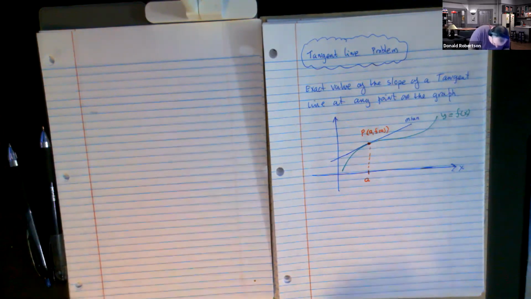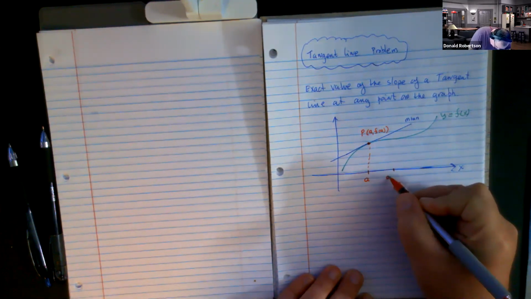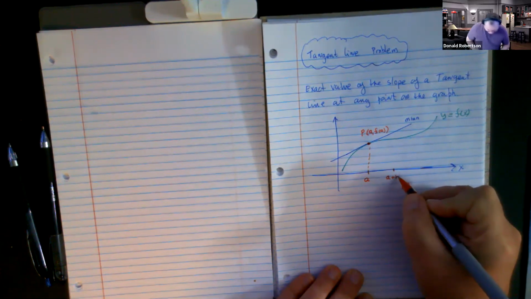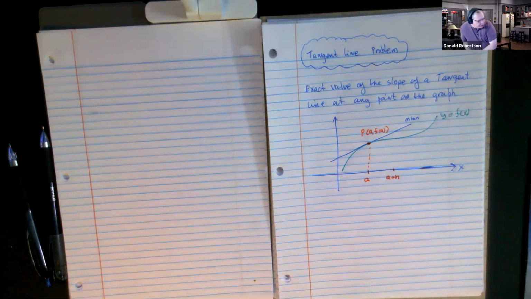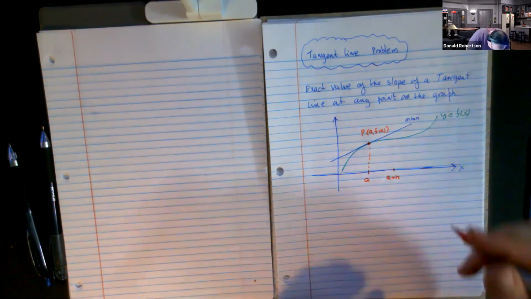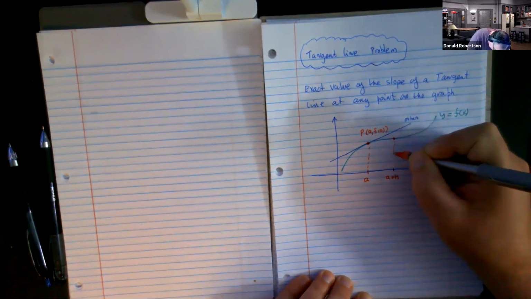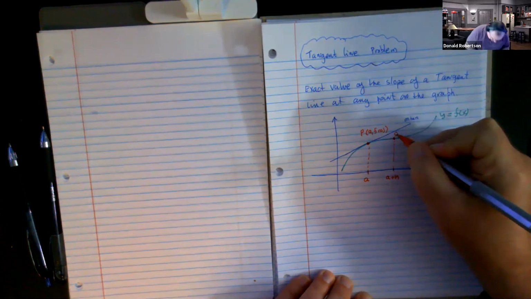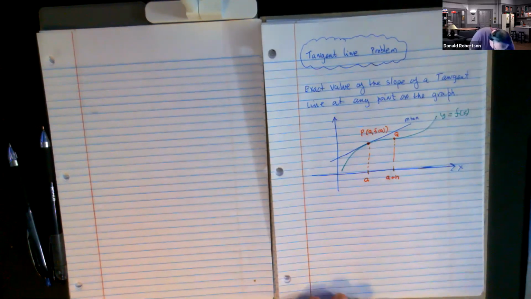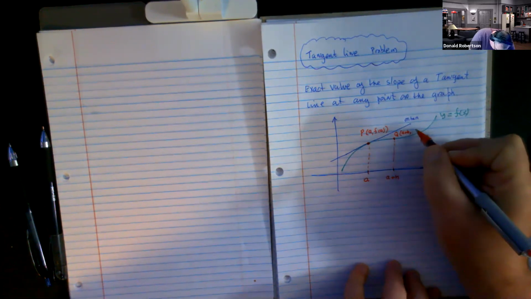Well, I am going to choose another point and I'm going to call it A plus H. And I want you to think of H as being a very tiny number, like 0.001. And this is going to get me to here, and that's going to be Q. And Q is going to have coordinates A plus H, comma, f of A plus H.